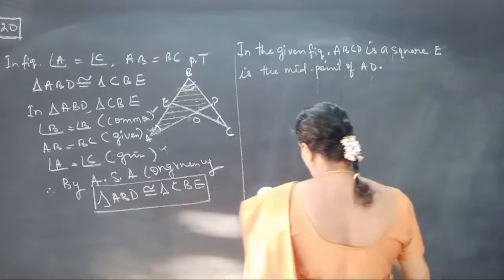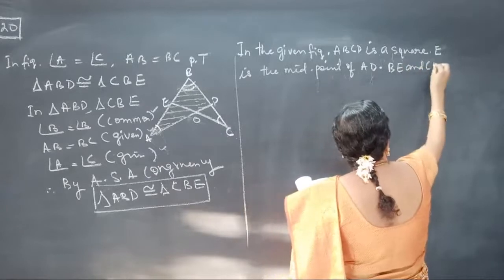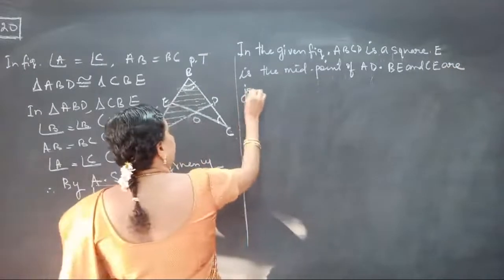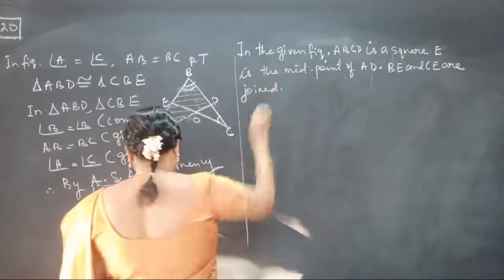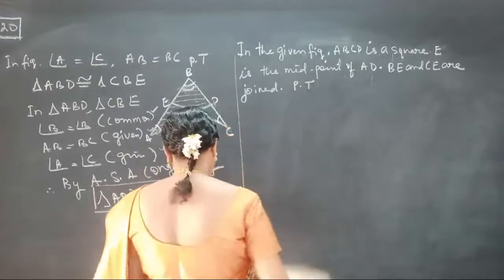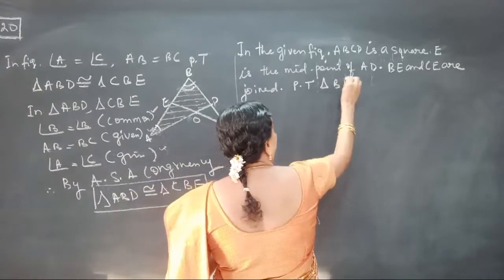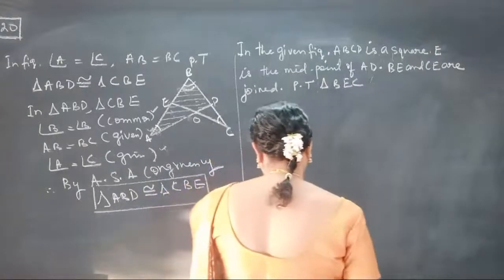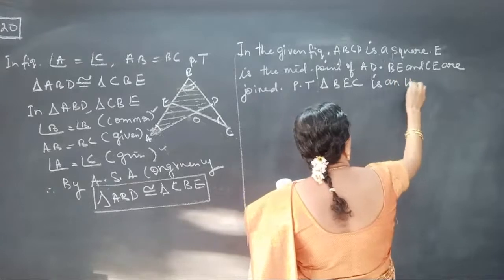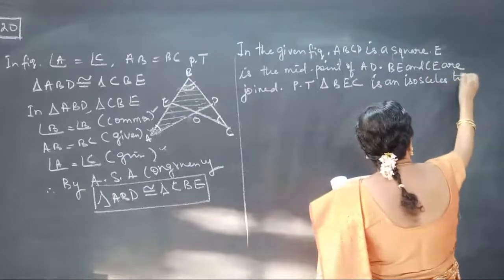BE and CE are joined. Prove that triangle BEC is an isosceles triangle.